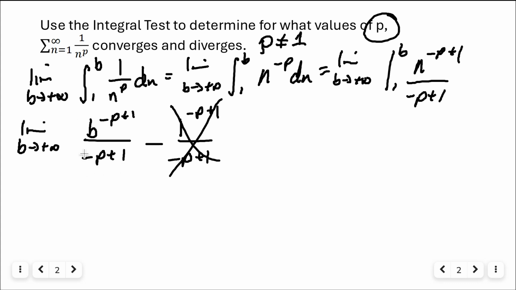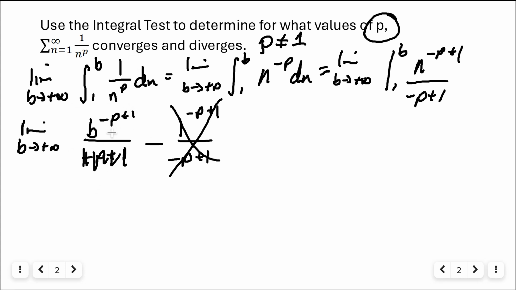Well, first things first, the negative p plus 1 that's in the denominator, again, it doesn't do anything. This is a number plus 1, right? So that does not determine anything about convergence or divergence. This is just going to be a number. This really doesn't matter either. The only thing that matters is this term that's in the numerator, b to the negative p plus 1. So the question is, how would that determine whether or not this limit would go to infinity or be a finite value?